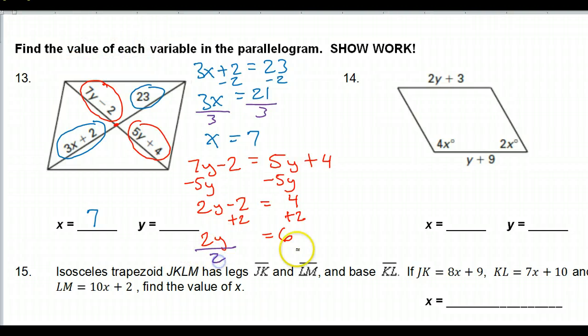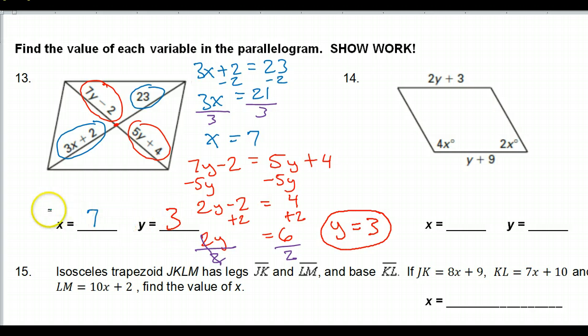Alright, dividing by 2 on both sides, that's going to give me y equals 3. So y equals 3. I better put a box around that or something. Okay, that is how you do that.